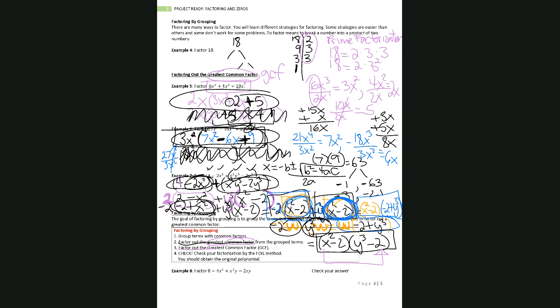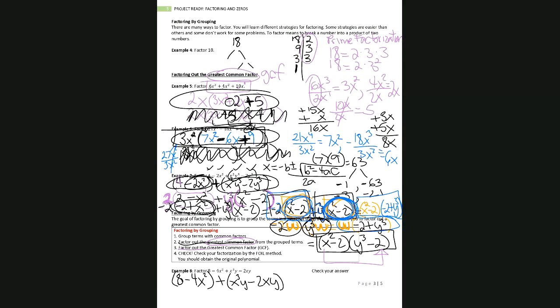Okay, now next one, let's just go ahead and factor it. We don't have a lot of space here, but it will be quick. So we are going to group the 8 minus 4x to the second power, and then we're going to group the x cubed y minus 2xy, but we're going to put a plus in between them, okay?